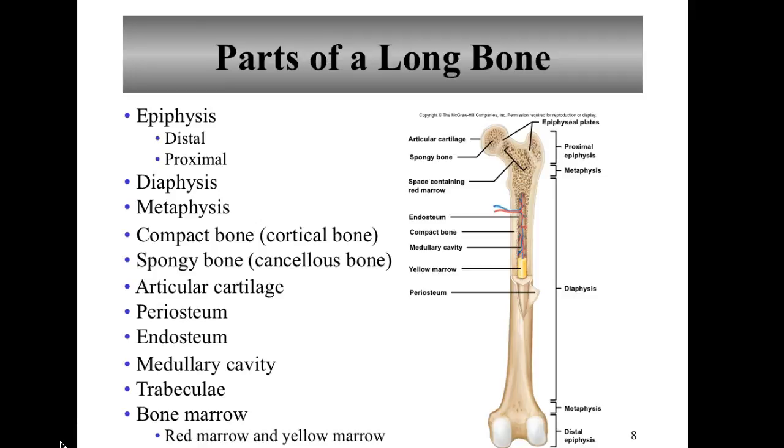So you have spongy bone that's going to serve as the meat in the sandwich between two layers of compact bone, which would be like the bread. And also in there, you do have the hematopoietic tissue located in spongy bone within the epiphyses of long bones and those flat bones. And remember, the hematopoietic tissue is going to be that red marrow.